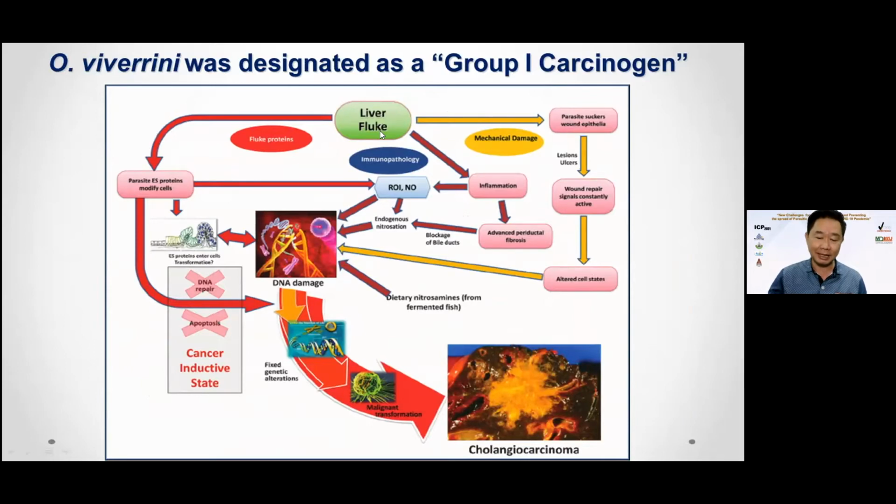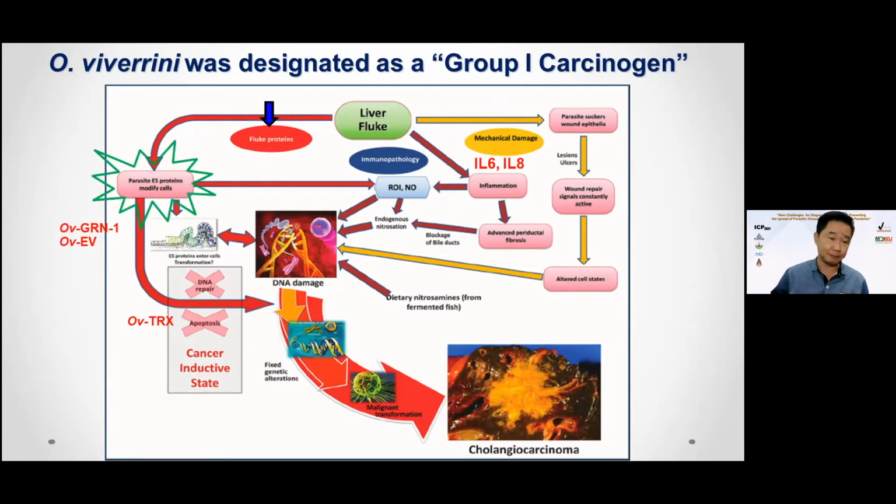But up to date, the major proposed mechanism includes three factors: mechanical damage, immunopathology, and the fluke protein. I'm especially interested in the excretory-secretory proteins of the parasite, because from a lot of research evidence, we found several key molecules.